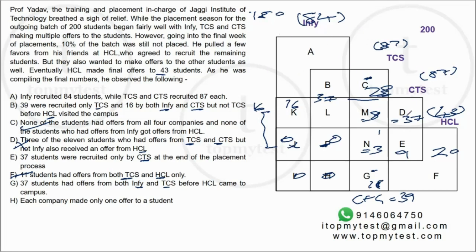Similarly for Infi the total is 84, out of which these four regions are 0. 16 plus 37 is 53. So 84 minus 53 is 31. A will be equal to 31.